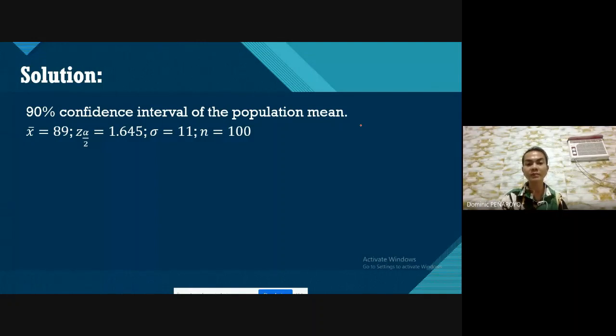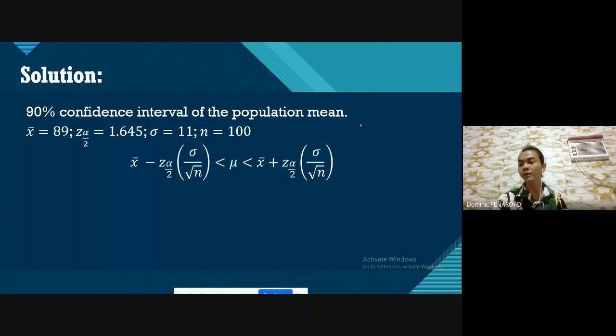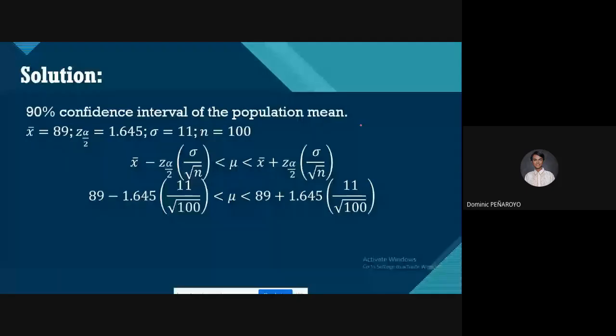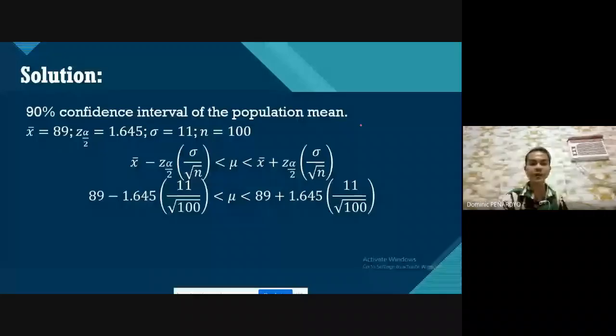Again, the population standard deviation is known and the sample size is greater than 30. So we will now use the Z distribution, or this formula. Again, substitute. So we have 89 minus 1.645 times the quantity 11 over the square root of 100.